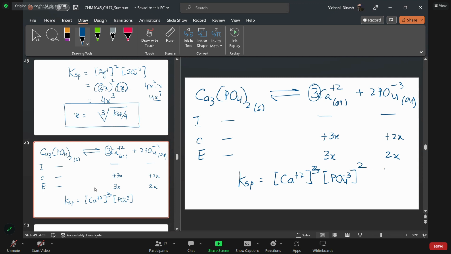Okay. So if I just use these values, what should I get? Calcium ions, 3X cubed. Phosphate ions, 2X squared. So what do we have? Find me X in terms of KSP.